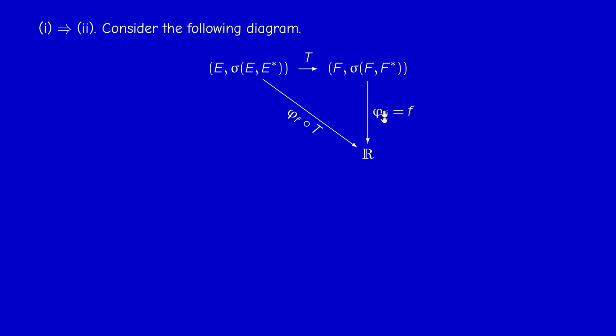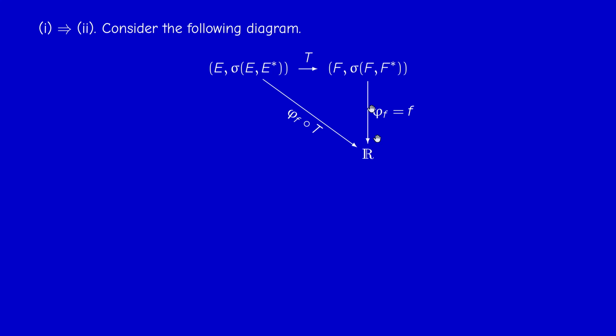These are by definition just what we call phi_f, which is just f, where f is an element in the dual of F. So the weak topology sigma(F, F star) is by definition the smallest topology making these maps f, which are linear and continuous, continuous.